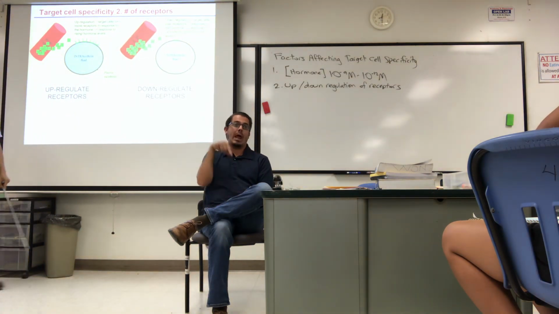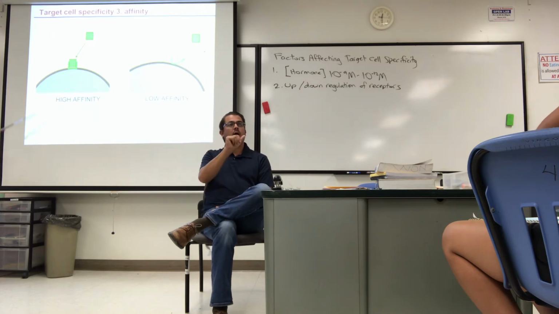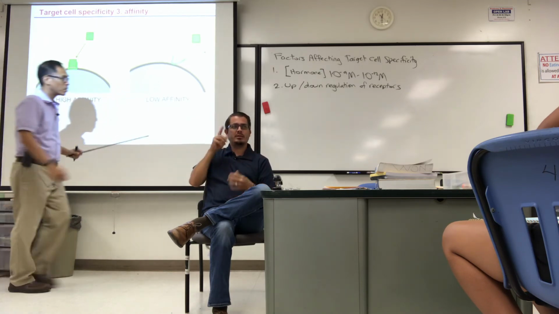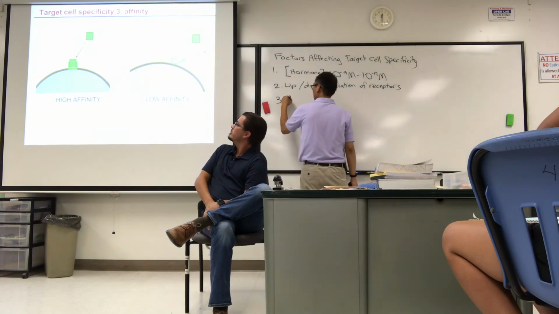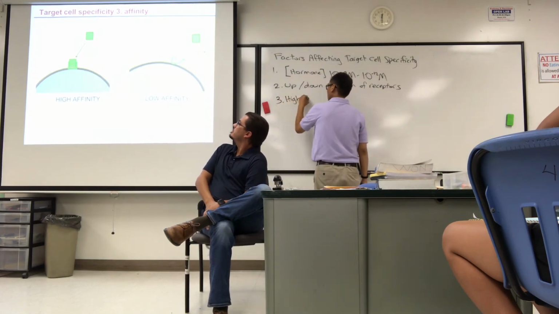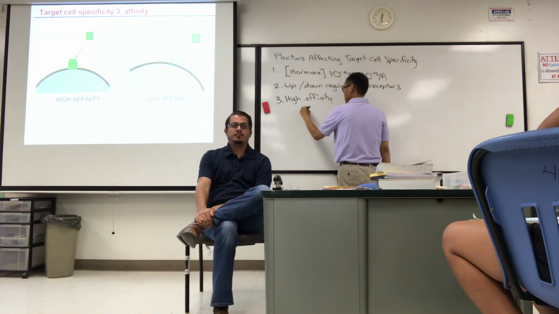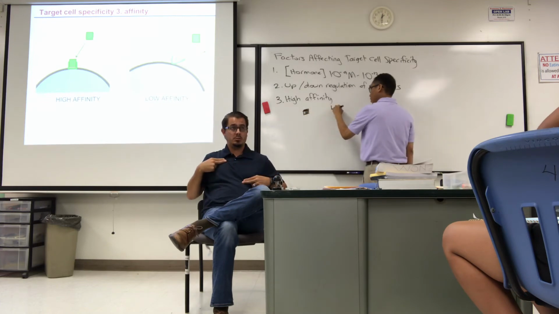So that's a factor. Is the receptor there? Another factor is affinity. This is desirable. There's a nice tight fit, because that'll trigger the intracellular response. This won't. Note the difference between the hormone and the hormone receptor.